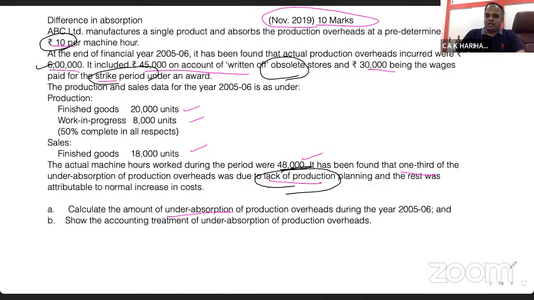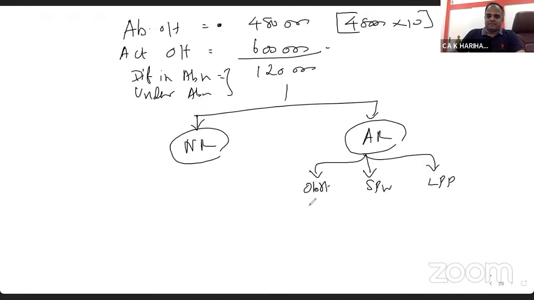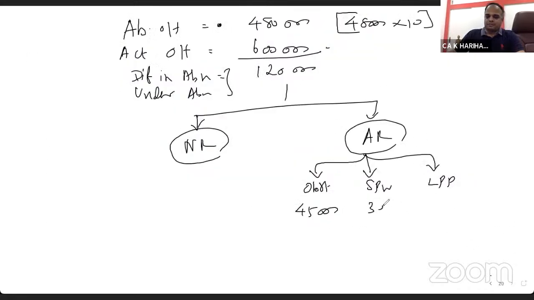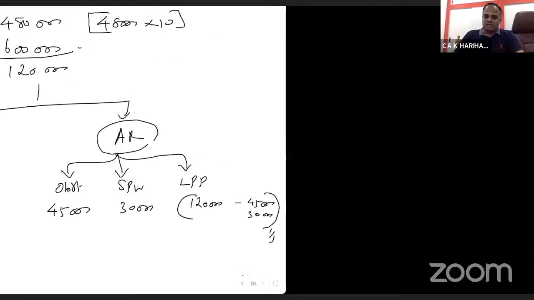So 45,000 on account of obsolescence, and strike period wages 30,000, and 1/3 due to lack of production planning. Out of 1,20,000, 45,000 we have identified as under absorption due to abnormal reason. 30,000 also we have identified as abnormal. For the remaining, you have to apply 1/3. So 1,20,000 minus 45,000 minus 30,000, out of which 1/3 comes to how much?